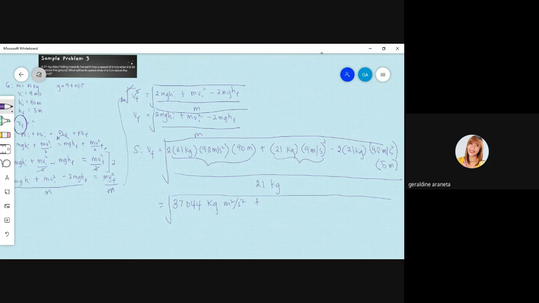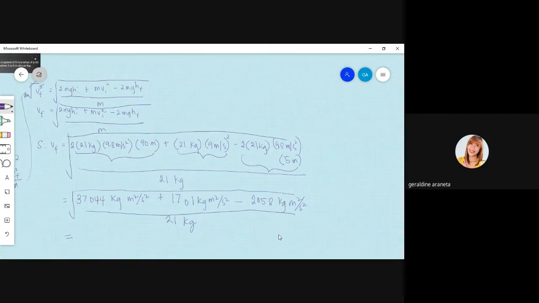That is 1701 kilogram meter squared over second squared. Minus, ito naman ang isimplify natin. 2 times 21 kilograms times 9.8 meters per square second times 5. 2058 kilogram meter squared over second squared over 21 kilograms.